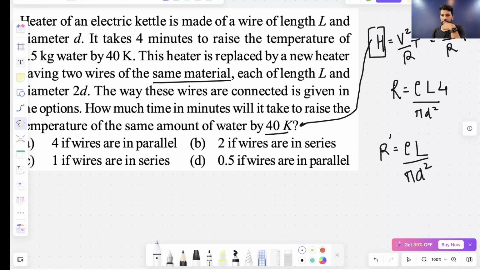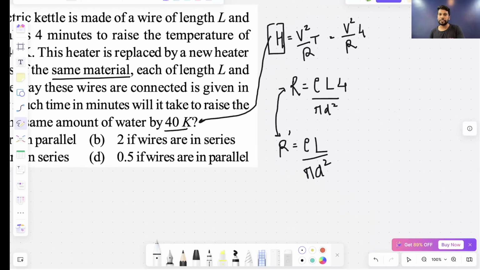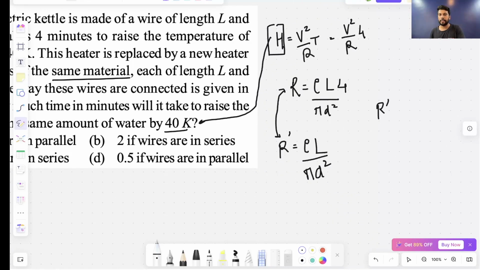Have a look. Compare them. You can compare it visually. You will understand one thing for sure, that R dash is R by 4, isn't it? Now this is what is required.